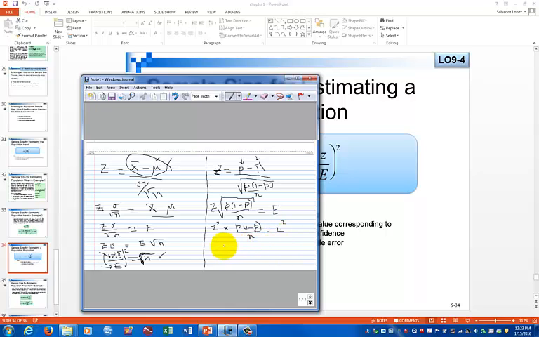So if we solve for n, we just need to multiply by n on both sides, and then we divide by e squared on the other side. I don't have much space, so I'll skip a step here. And that is the formula.